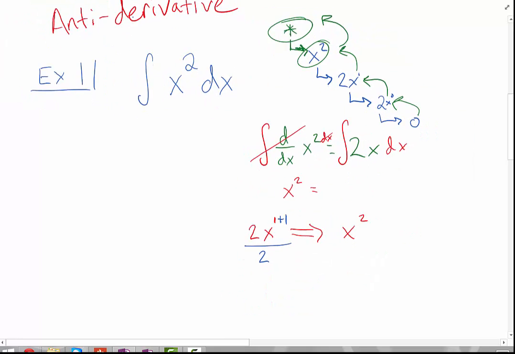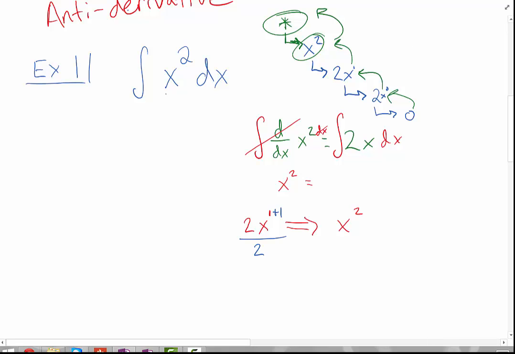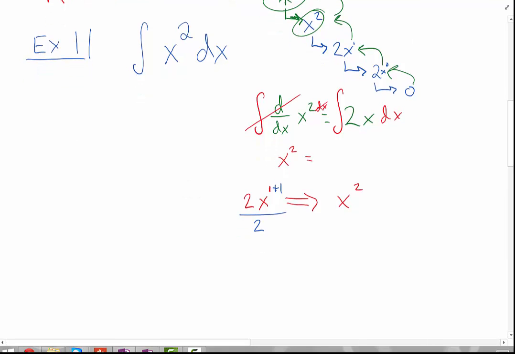So we can make a good educated guess that this integral is going to have some x cubed in it. We know it's going to be x cubed. But we also know that when we take the derivative of x cubed, we get 3x squared. We don't want that 3 there, so I'm going to divide by 3.